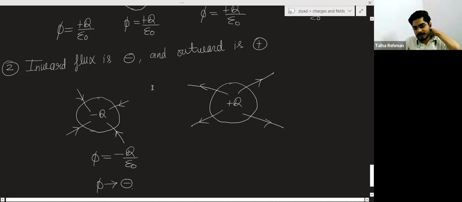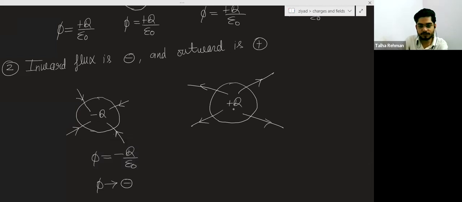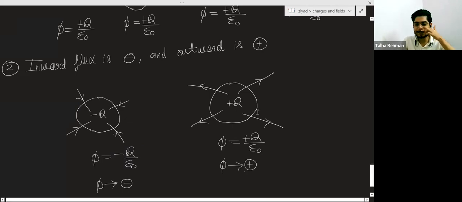Because the electric field line is entering the surface, or you can see it from the formula also. And here, if you go to the formula, charge contained inside divided by epsilon naught, you can say phi is positive. Why is phi positive? Because the electric field line is just leaving this cross section.